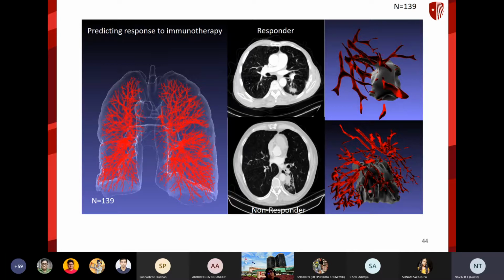Now, borrowing the analogy from, let's say, electrical engineering, what this possibly points to is that because of the lower tortuosity in the responder, there might be a path of least resistance for the drug to affect the tumor as compared to the non-responder, where because of the more tortuous nature, the drugs are not able to attack the tumor as they are originally intended to.